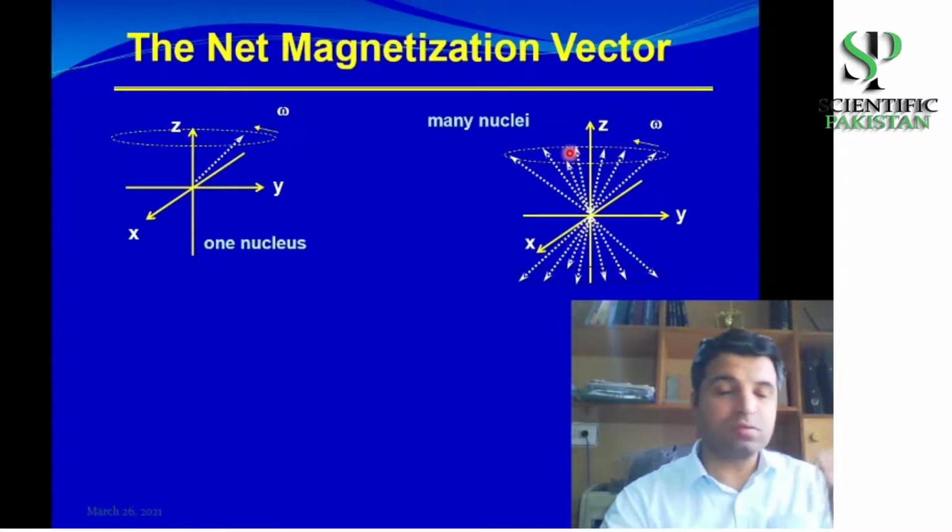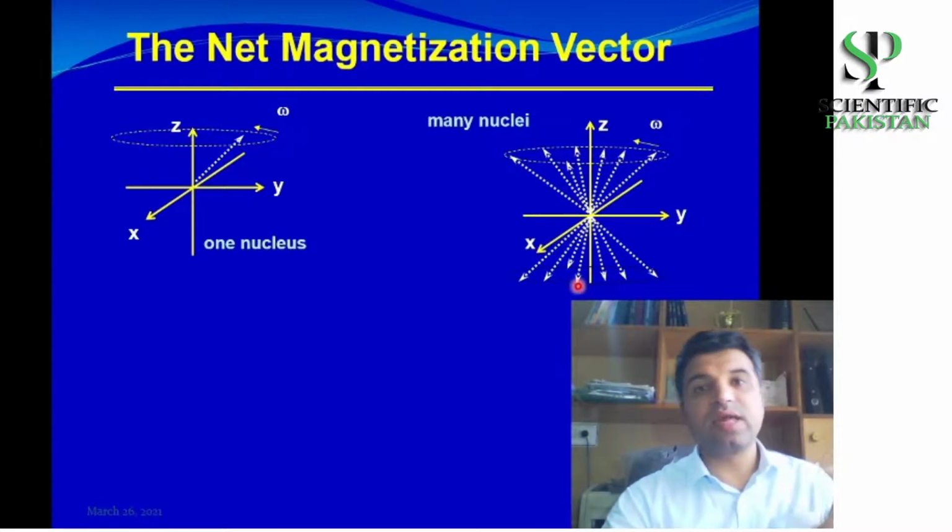Each of these nuclei, whether in the alpha state or in the beta state, has a particular magnetic moment. So the magnetic moment of a nucleus pointing up will be cancelled by the magnetic moment of another nucleus pointing in exactly the opposite direction. So this nucleus is cancelled out by this one. This is cancelled by this one. So the magnetic moments of all of these nuclei in the beta state are cancelled by the magnetic moments of these nuclei in the alpha state.